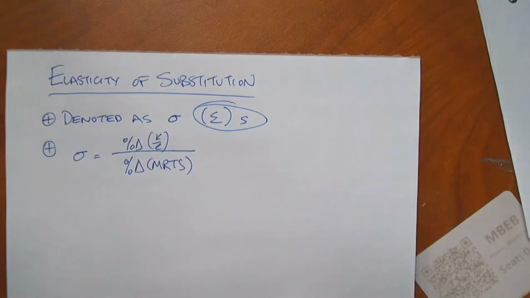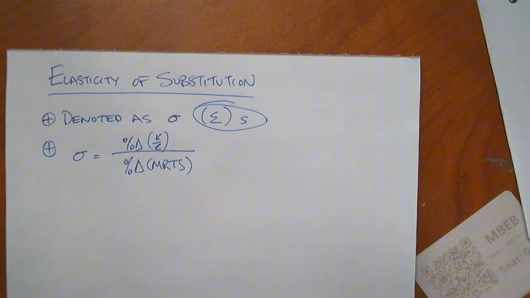So it is associating what is happening to your capital to labor ratio, whether you have a capital-intensive or a labor-intensive production process, to the changes in the marginal rate of technical substitution, as you're moving effectively along an isoquant, keeping quantities the same.